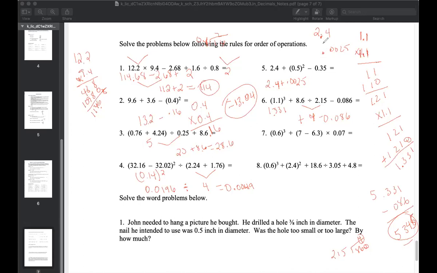So look at the screen. 2.4, then 0.0025. That's how you line it up. So the 0 is under the 4. Okay, so 4 plus 0 is 4. You just bring the 0 down, right?